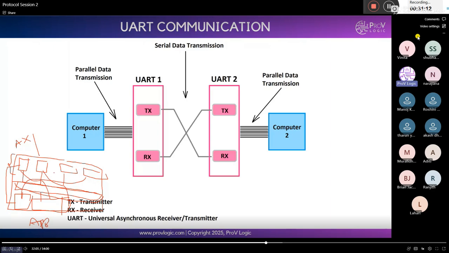Actually, what are we communicating here? Suppose the processor is communicating with a Wi-Fi module, what will it actually communicate? Processor means it has instructions, right? Instruction set, everything is done through instructions only, arithmetic and logical instructions.